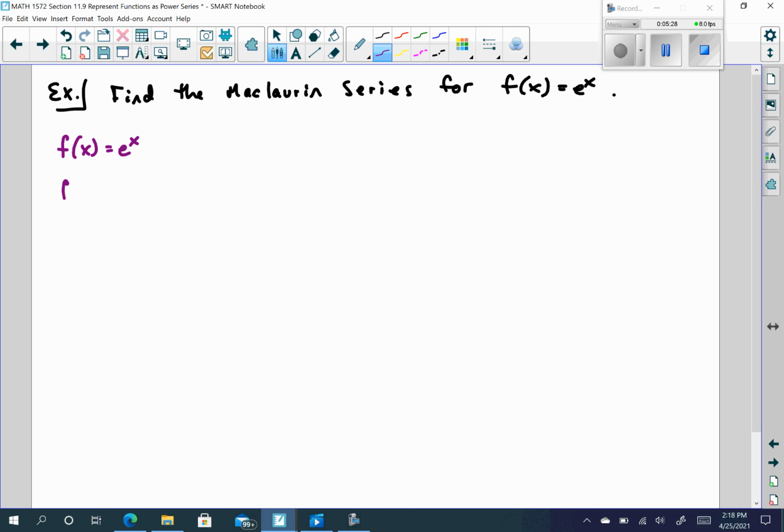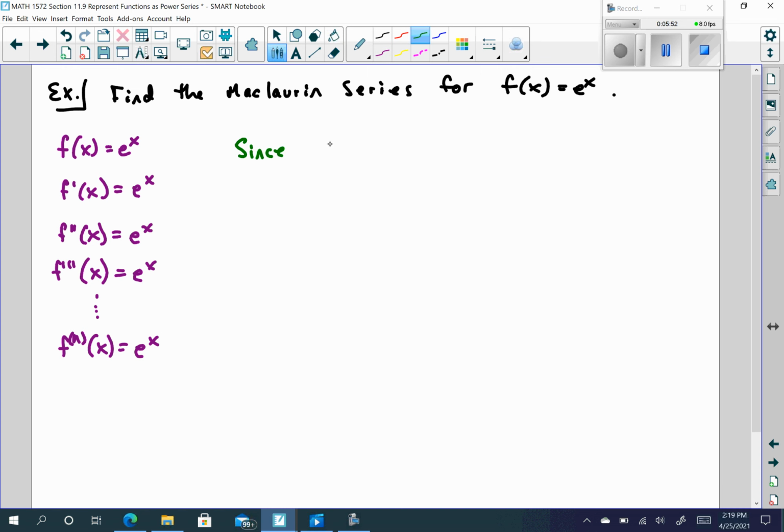So the first derivative, and this is nice because the derivative of e to the x is e to the x. Our second derivative is still e to the x. Our third derivative, still e to the x. So no matter how many times we find this, the nth derivative of f of x would still be e to the x.